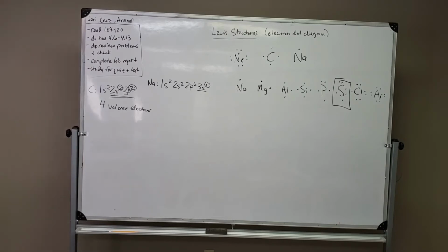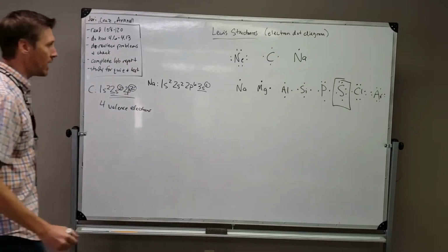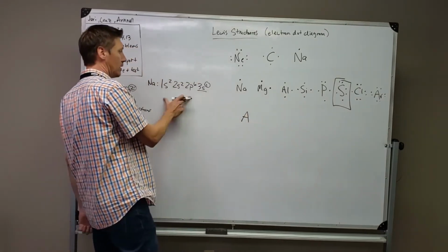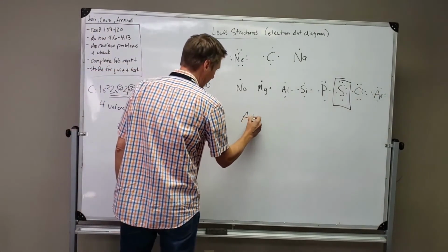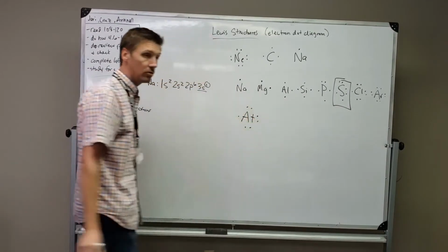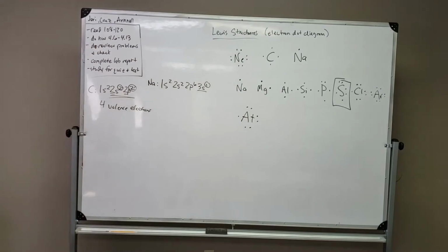So I could say, write down the electron dot diagram for astatine, which is At, element 85. Because it's in column 7A, I don't have to start counting up electrons or drawing electron configurations or anything like that. I just know it's going to have 7 because it's in column 7A, so I would write it like that with 7 dots around it.